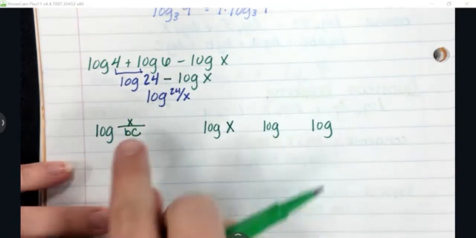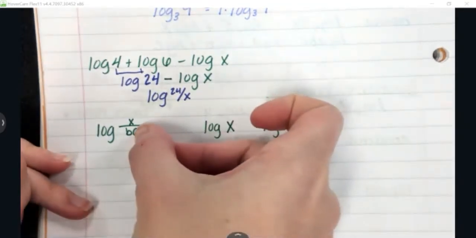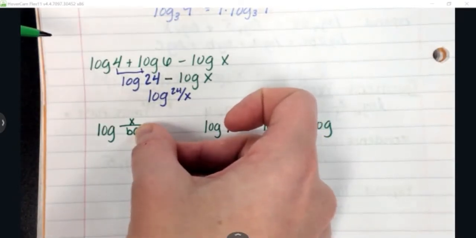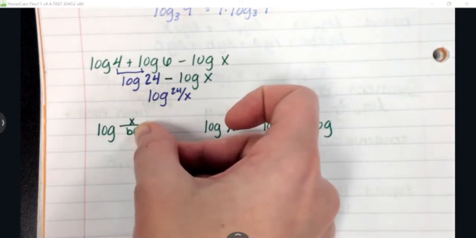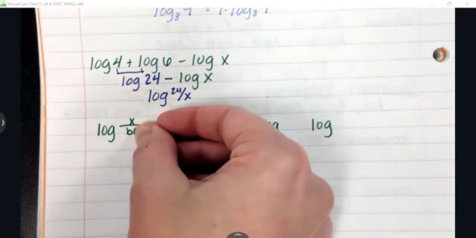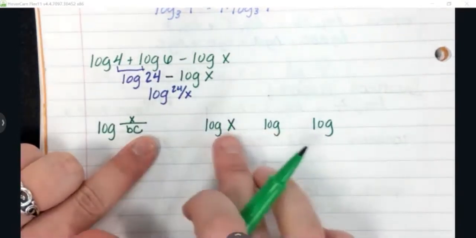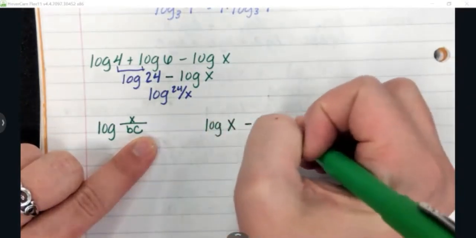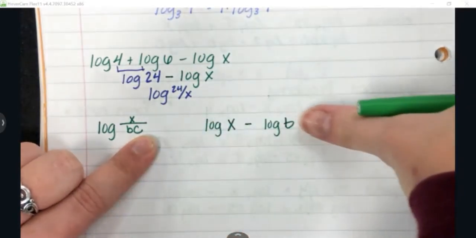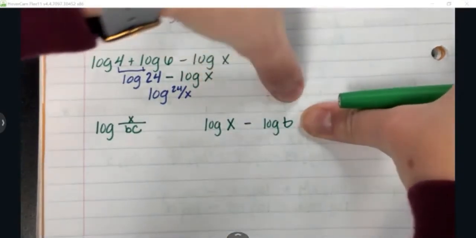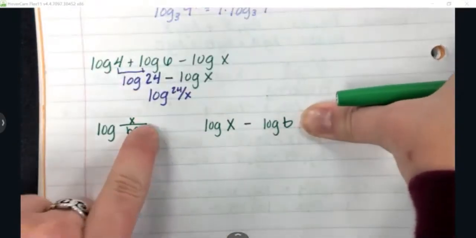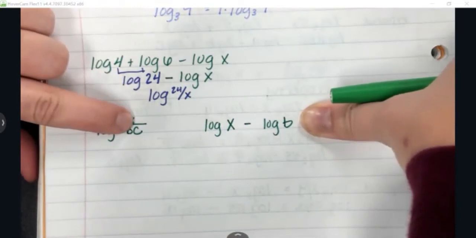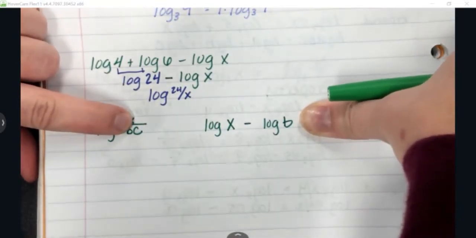What is happening? Let's just pretend C's not even here. What's happening to the B? What is it doing? It's being divided. So if I am dividing, what symbol has to go in between these logs? A subtraction. Okay? So far, do we agree that X minus B would give me the X divided by B? Okay? Now, what is this C doing? Is it being multiplied or divided?